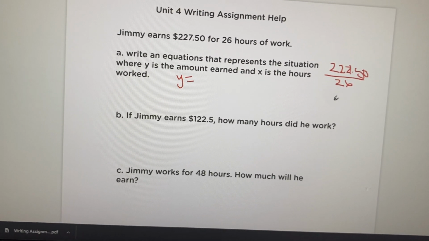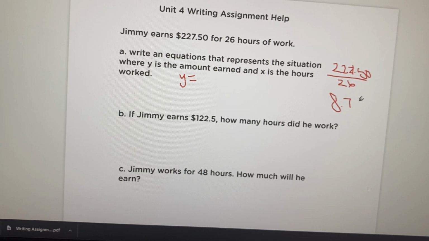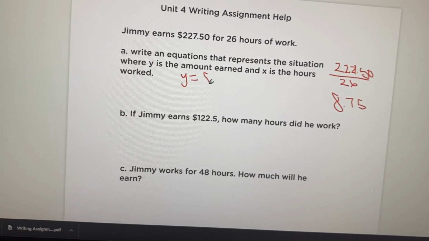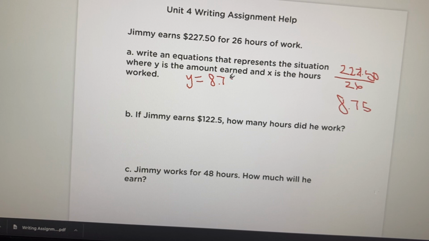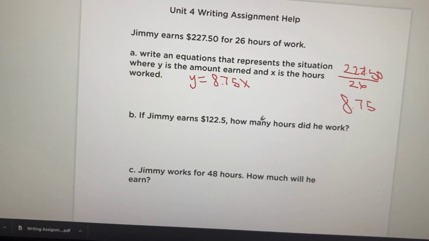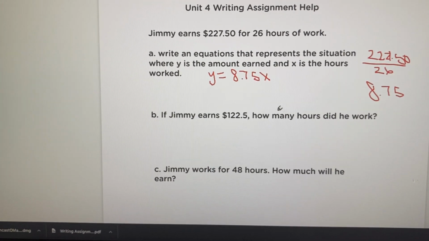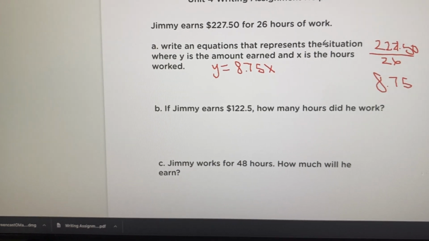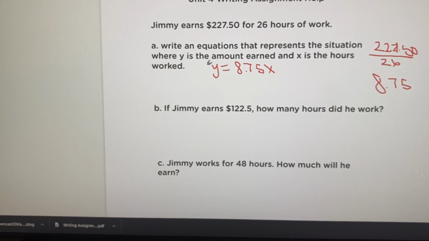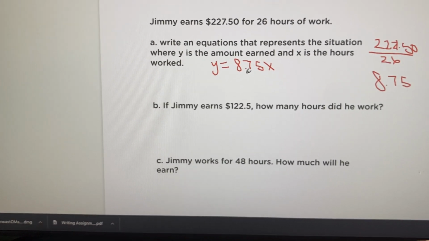And so I'm going to get 8.75. So that means Jimmy is going to earn $8.75 per hour. So my equation that represents the scenario is y equals 8.75x.